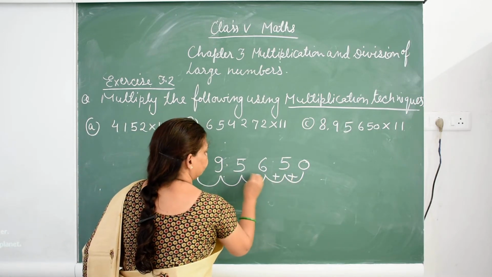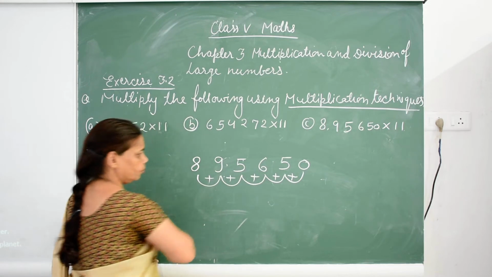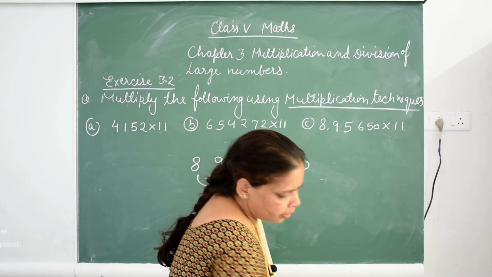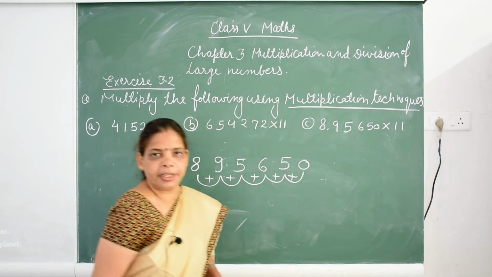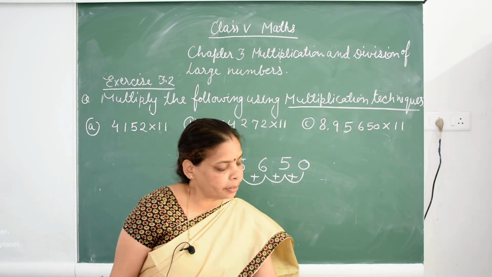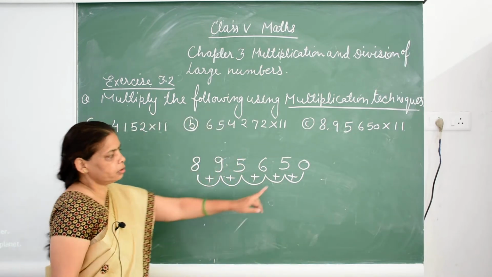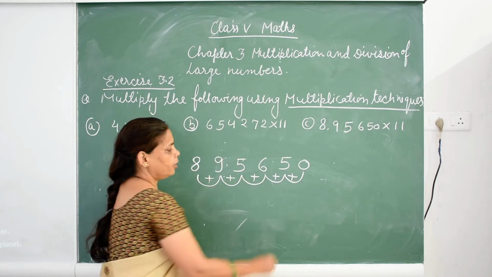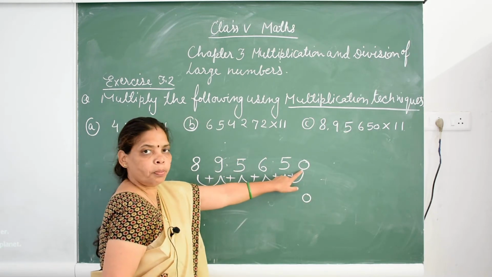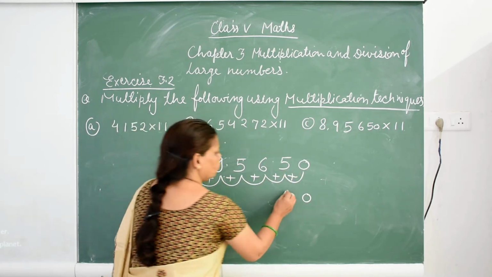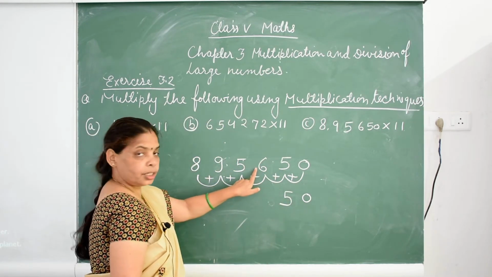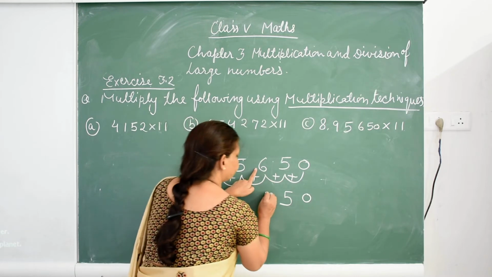This method is given in your book, page number 100, in exercise 3.2. So how we will do this? The ones place digit, write down as it is, 0. Now 0 plus 5 is equal to 5. Now 5 plus 6 is equal to 11.